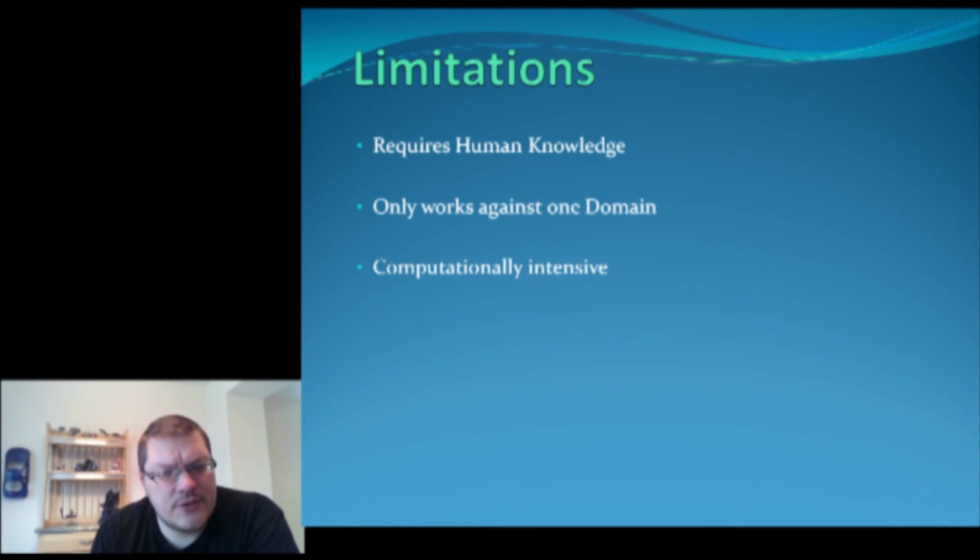Are we referring to rocks that are red? Are we referring to something else? So as soon as you cross out of a domain, the meaning of the words become different. And how do you cope with that? How do you deal with that? And so that's another limitation that these algorithms have to deal with.